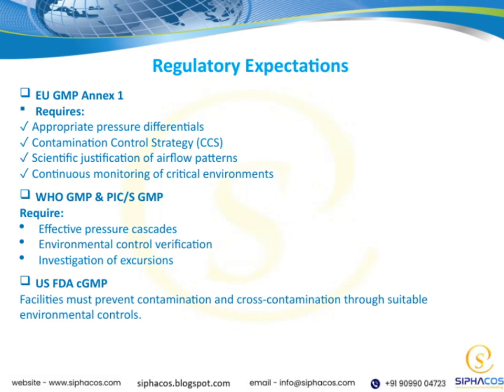Meanwhile, WHO and PIC/S GMP emphasize effective pressure cascades, environmental control verification, and thorough investigations of any excursions. In the U.S., the FDA's CGMP focuses on preventing contamination and cross-contamination with proper environmental controls. These standards guide everything we do.